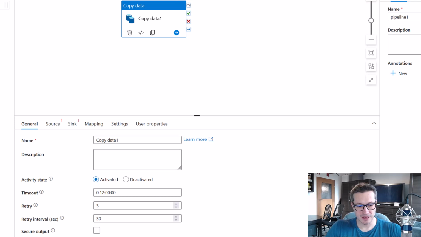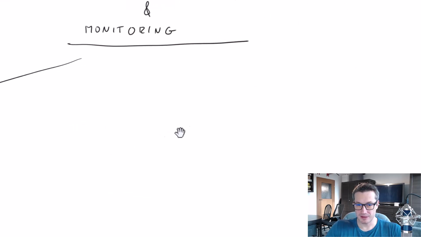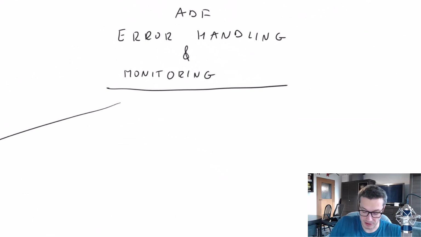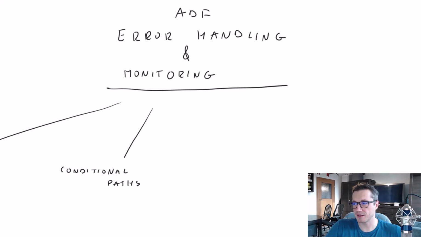Well, let's jump into the whiteboard and let me add a new thing that we could do. So apart from retrying the operations, we have something called conditional paths.